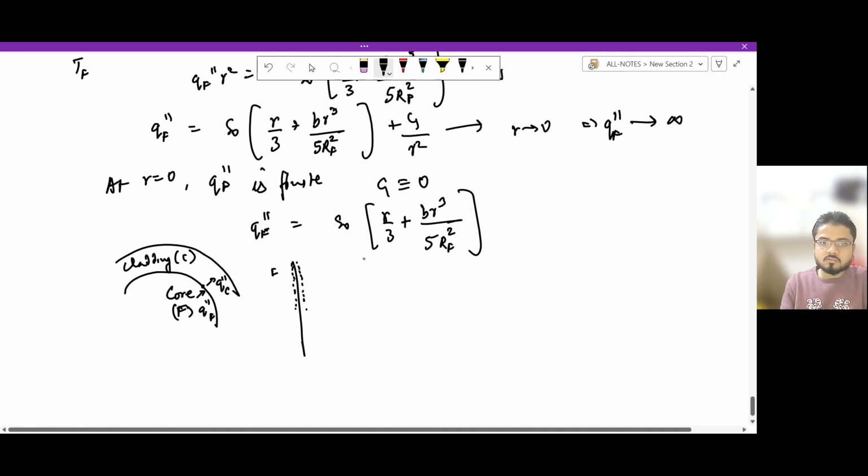This is the fissionable material, and this one is the cladding.